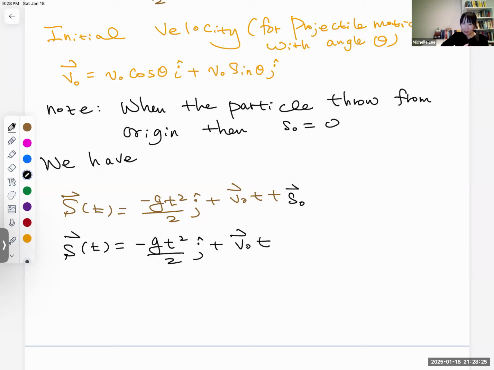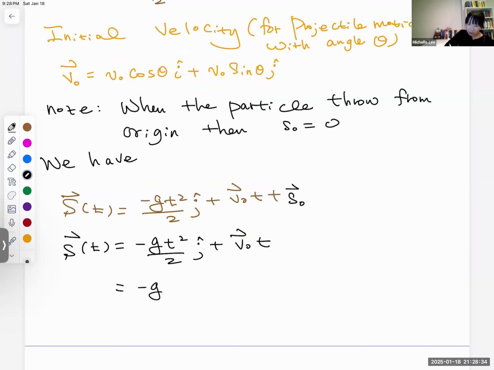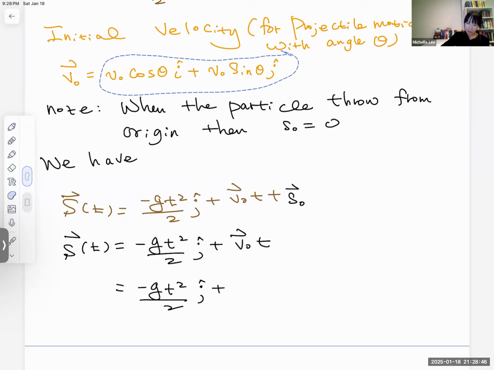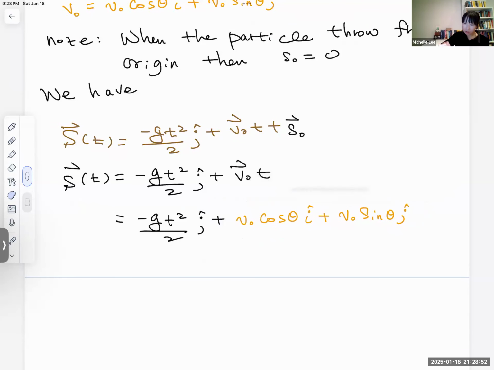Okay, then what was the V naught? So let's say using V naught here, right? So there will be negative GT squared over 2 j hat plus V naught will be that. Okay. And then we have a T there. Yeah.